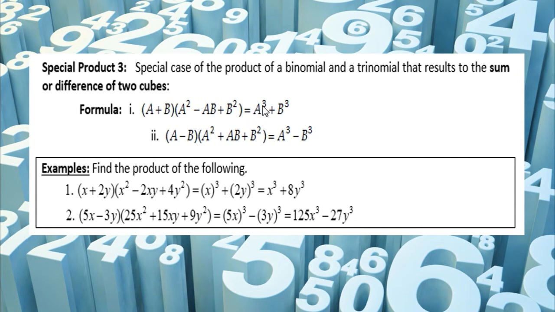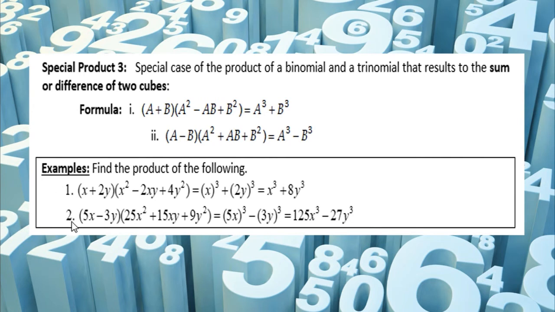So, ang atong buhaton i-cube ang first term dire, plus cube ang second term. So, x cube ana plus 2y cube atong siyang gi-cube. So, x cube ni plus 2 cube is 8y cube. Special case na siya sa product.